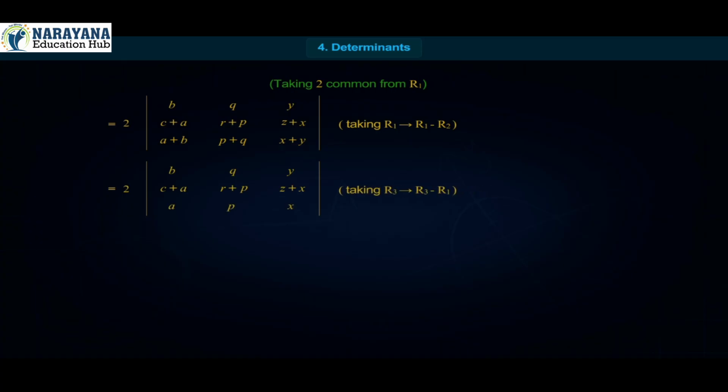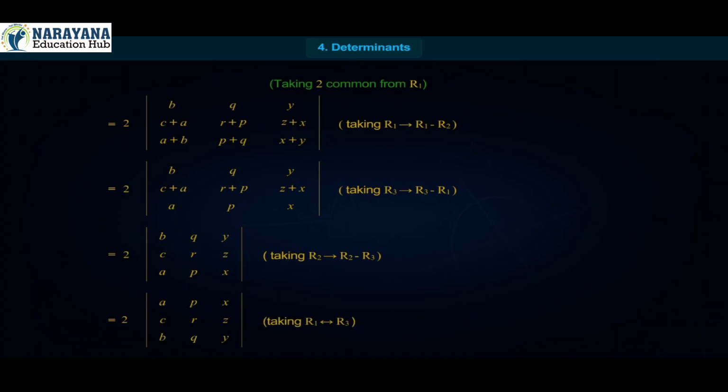Taking R3 to R3 minus R1, it is equal to 2 into the determinant b, q, y, c, r, z, a, p, x. Taking R2 to R2 minus R3, it is equal to 2 into the determinant a, p, x, c, r, z, b, q, y.